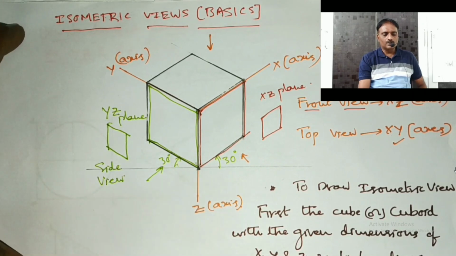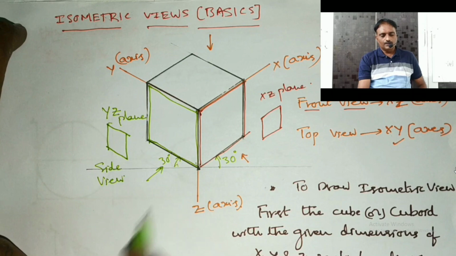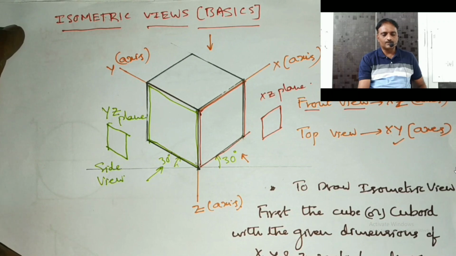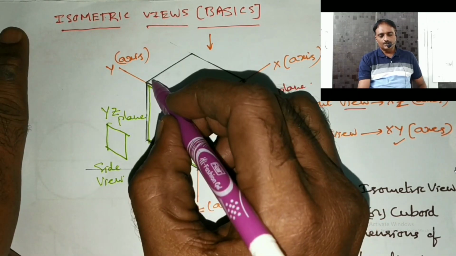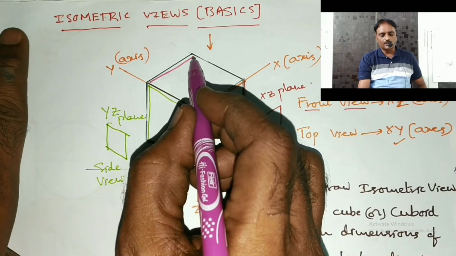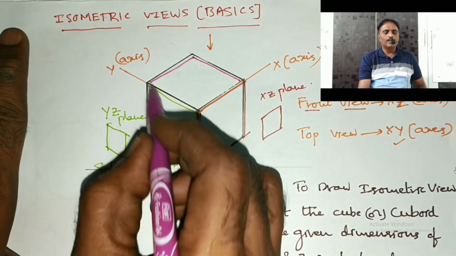Now let us go for the top view. In the top view we have the x and y axes, so that is x and that would be y, so that this plane corresponds to the xy plane.